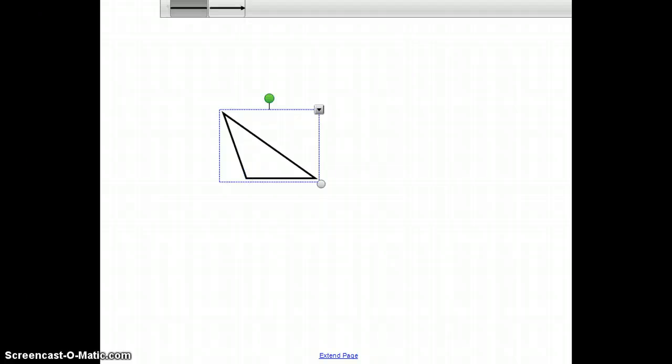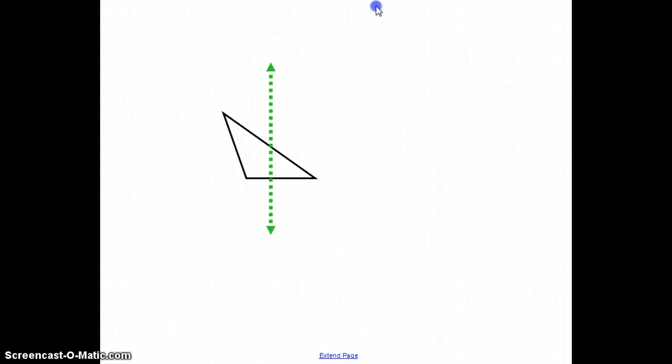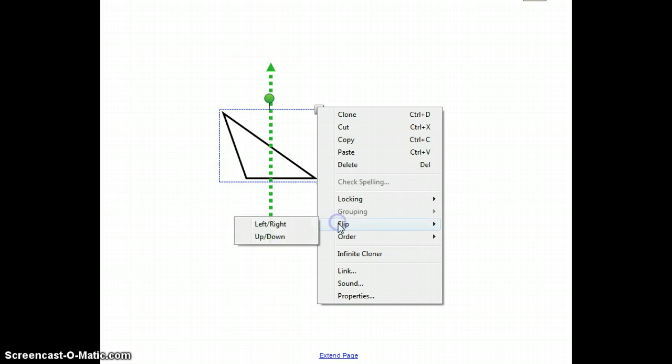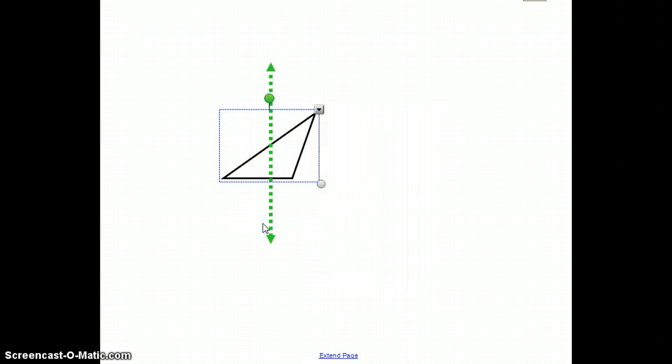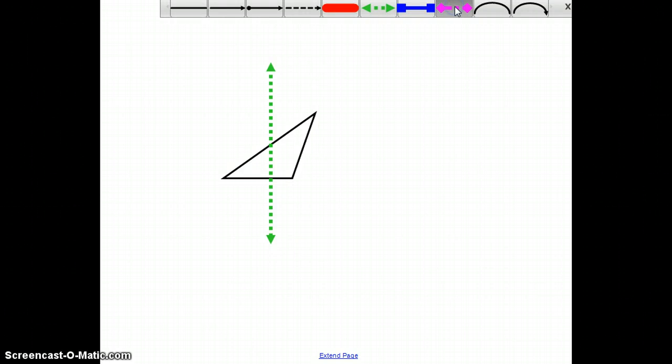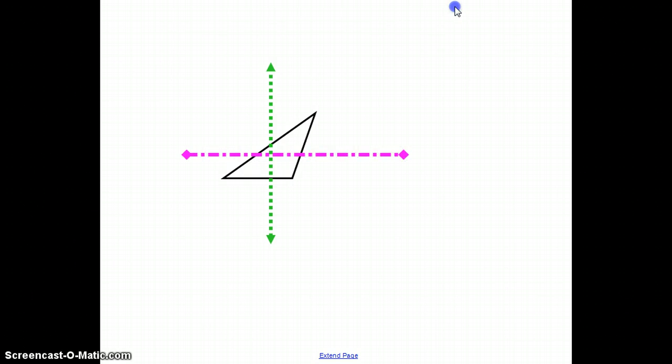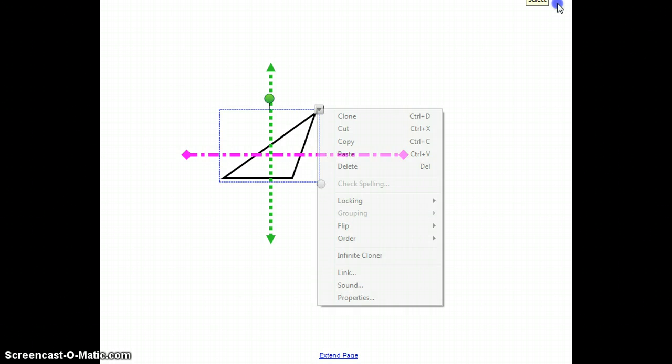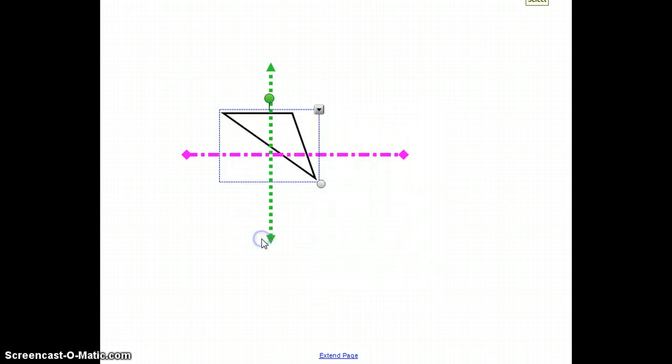So if I were to create a dotted line somewhere through the center of this, and then I'm going to flip it, that would be a reflection around that line. Now I could create a different line going horizontally through this. And again, if I flip the shape, it could be flipped around that line also.